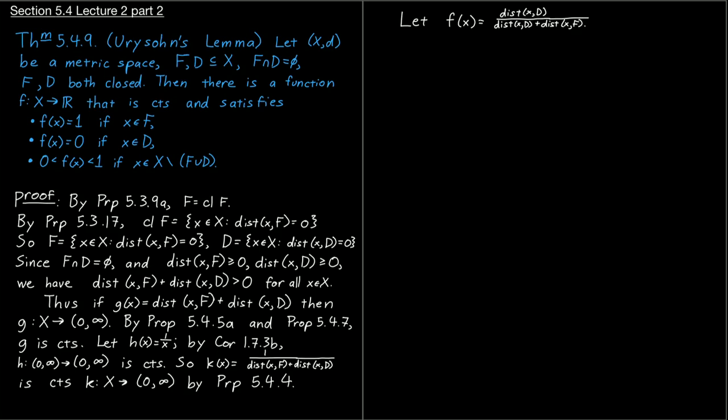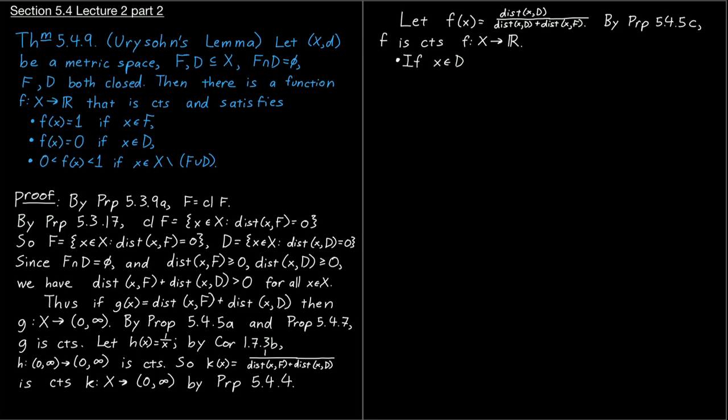And then f is a continuous function times our function k, so that is by proposition 5.4.5c, which is all about functions mapping into R^p and as a special case into the real numbers. f is continuous, a function from our metric space X into the real numbers.